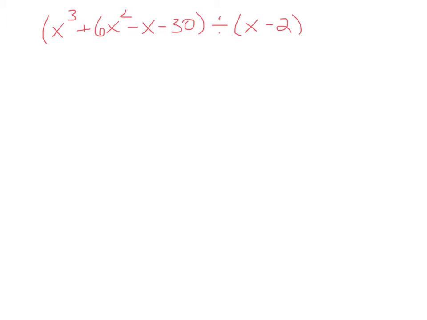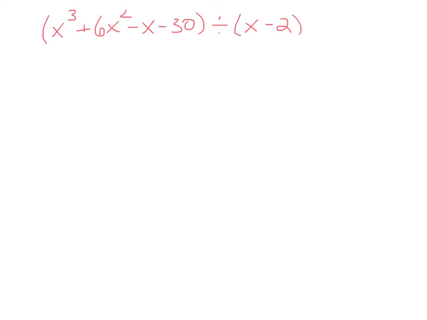Some of the ideas that we were talking about in the long division method also hold true for synthetic division, and that is you want your polynomials arranged in descending order like we do on this one. The other thing you need to look out for is any skipped terms in the dividend.